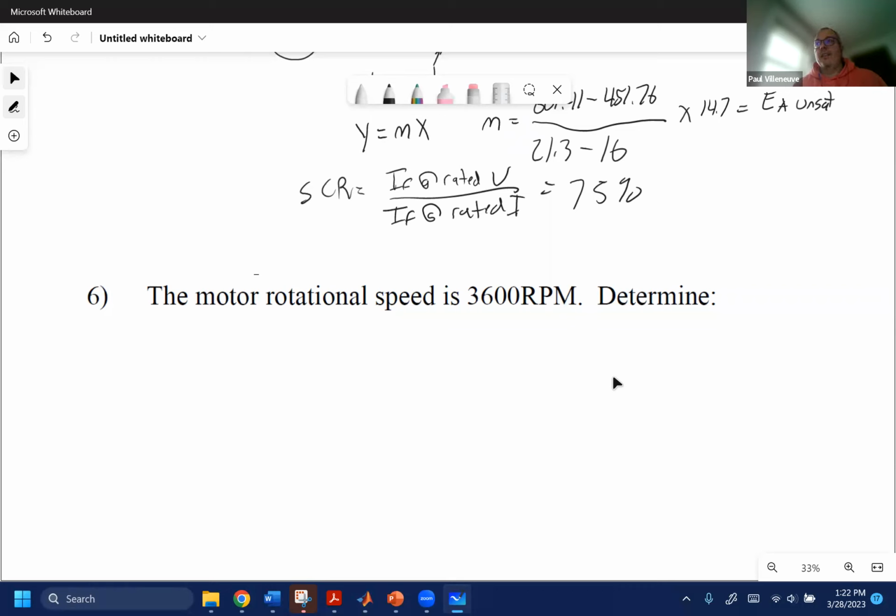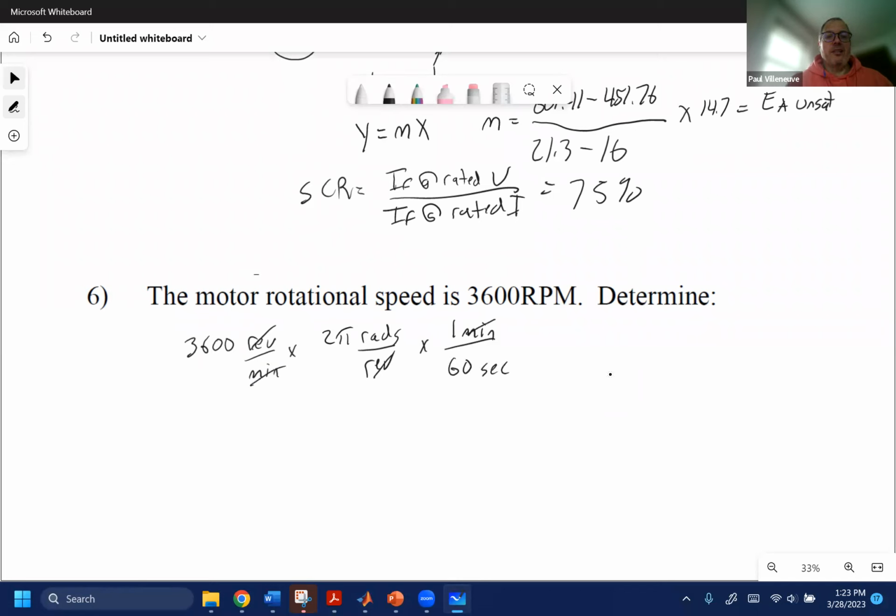Okay, last problem. Problem 6 is we have 3,600 RPM. The first part is convert to radians per second. So 3,600 revolutions per minute. There are 2 pi radians per revolution. And there is 60 seconds in a minute.